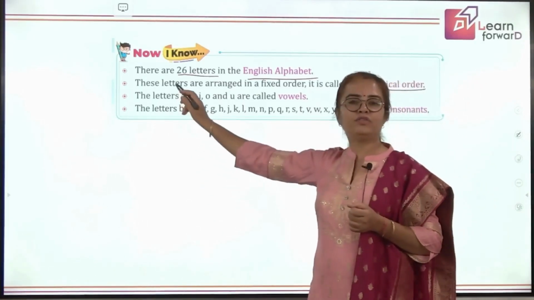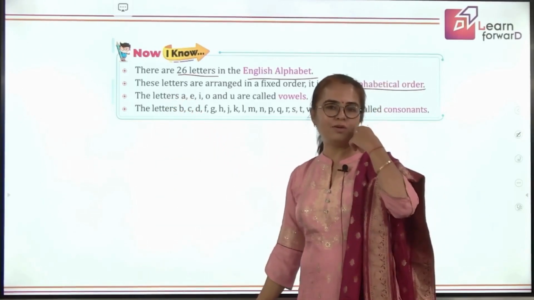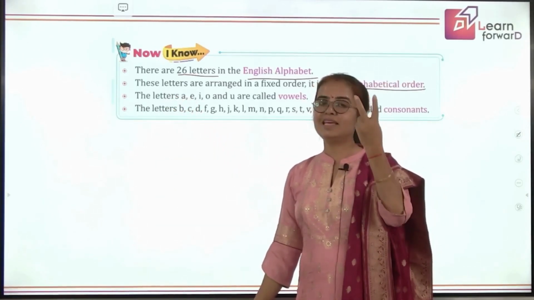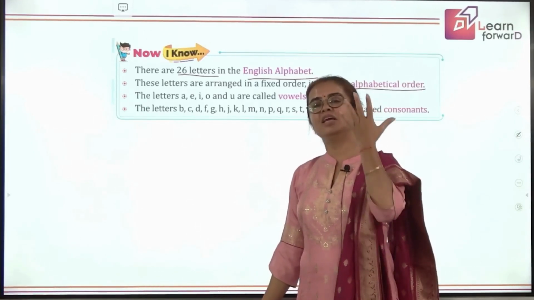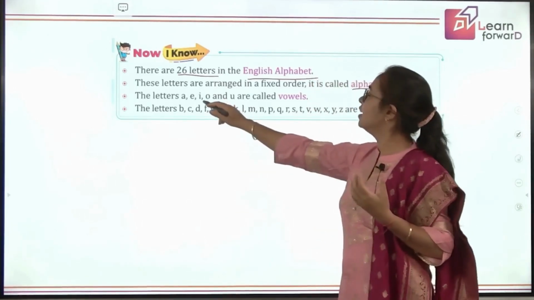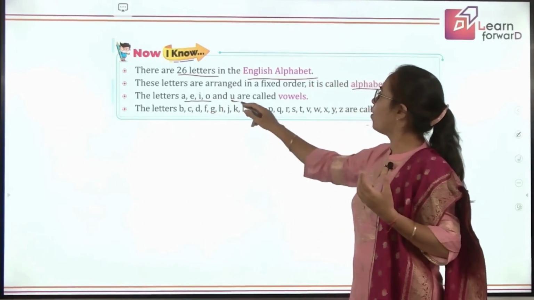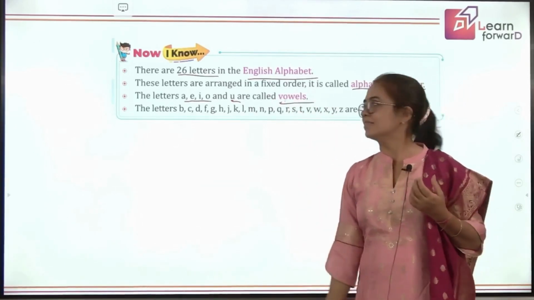Now, out of these, there are some 5 special letters. What are those? A, E, I, O, and U. So, these are 5 special letters and these are called, yes, these are called vowels.